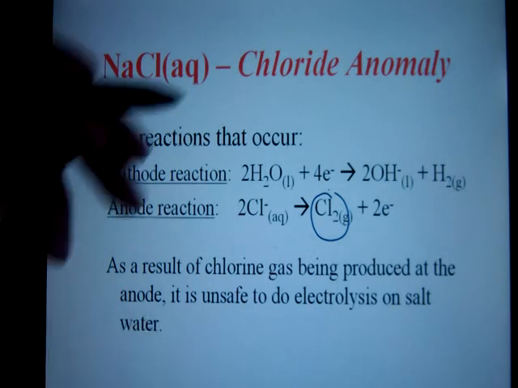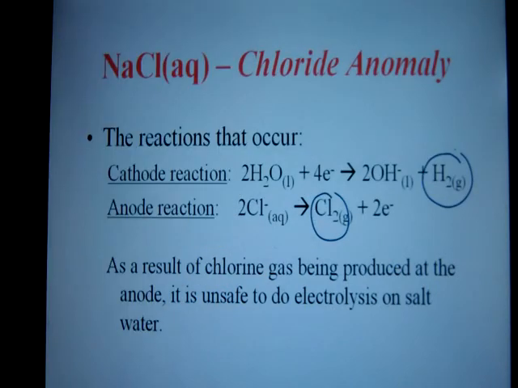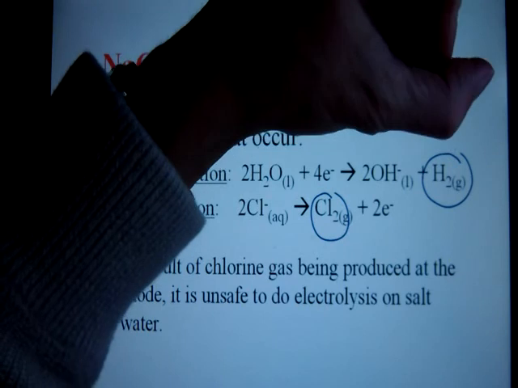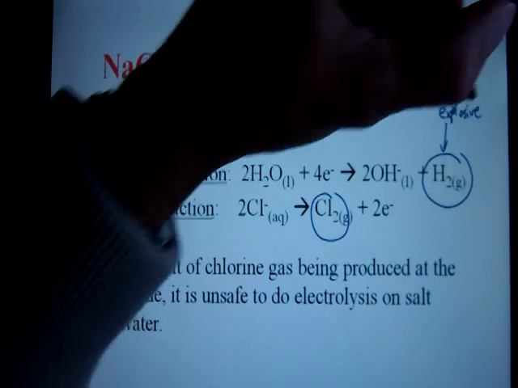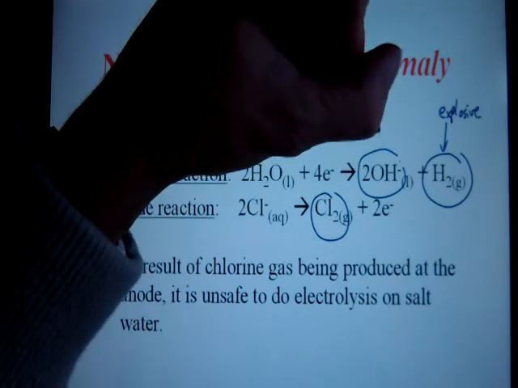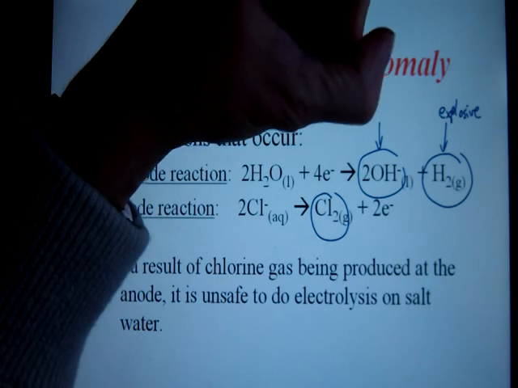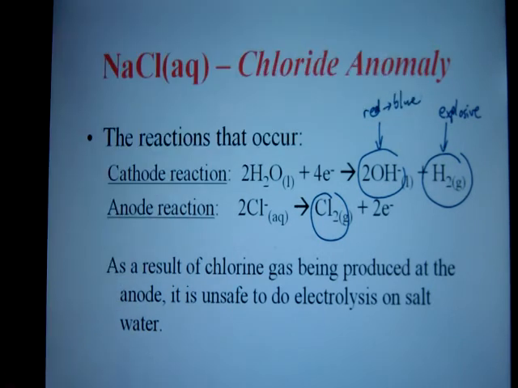And some things that you might note, if you remember evidence of chemical reaction, well, we have hydrogen gas being produced at the cathode, and we could test for that because it's an explosive gas. Then we also have hydroxide. Well, that sounds like a base to me. So we could test litmus. Red litmus would turn blue. Or if we had a pH meter, we could be a little more accurate.